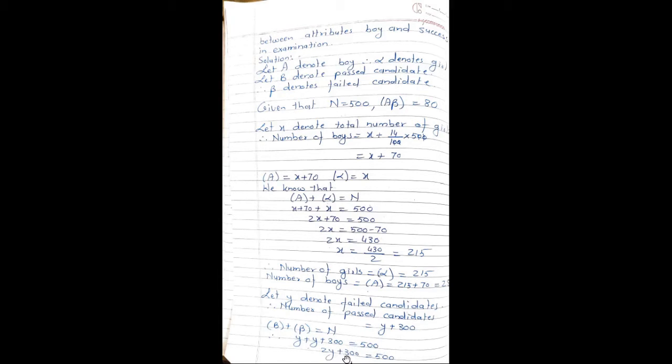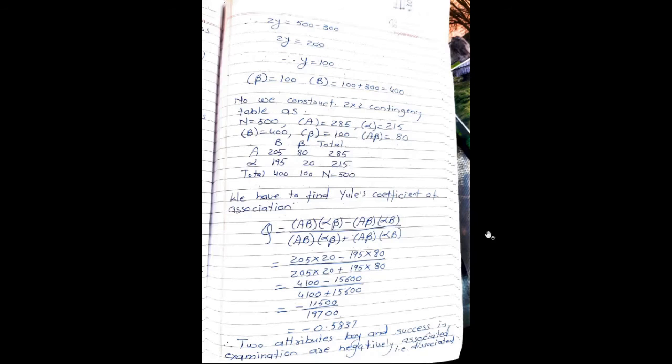So 2y plus 300 is equal to 500. Therefore, 2y is equal to 500 minus 300. So 2y is equal to 200. So we can say that y is equal to 100. So frequency of beta is equal to 100. Frequency of B is equal to 100 plus 300, which is equal to 400.